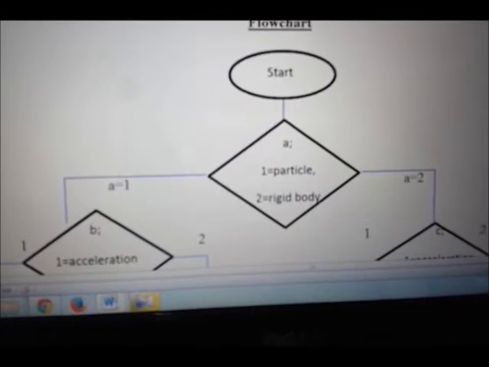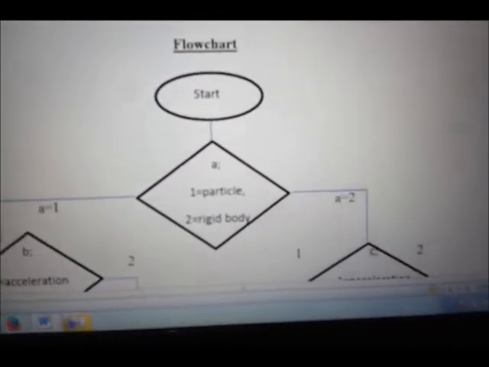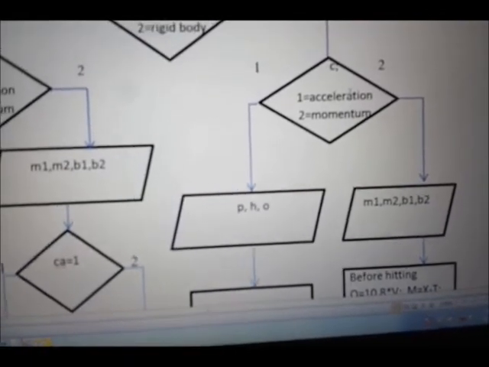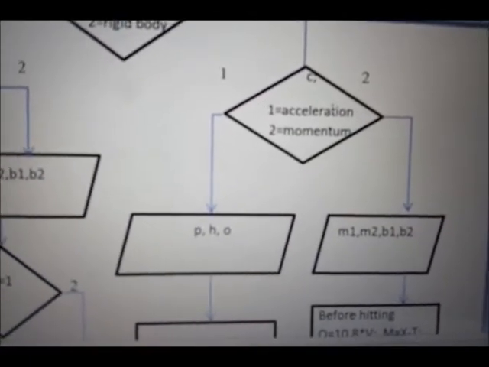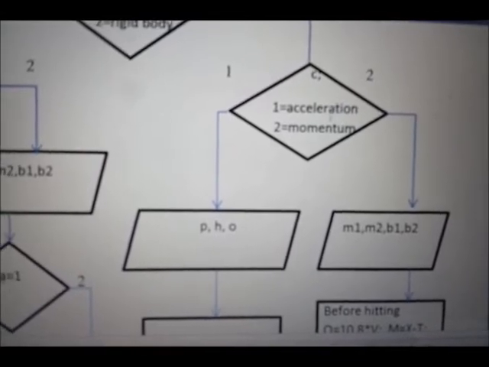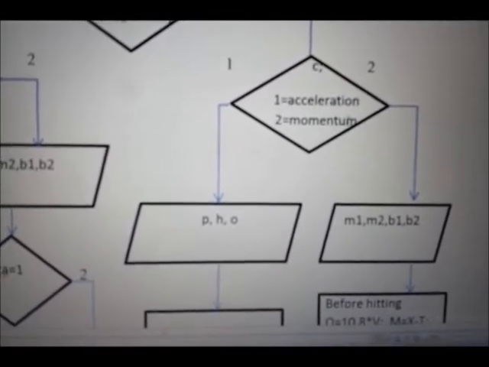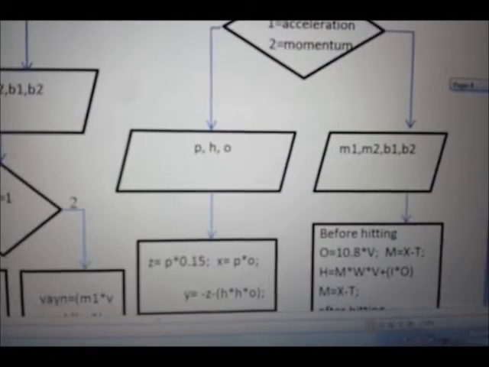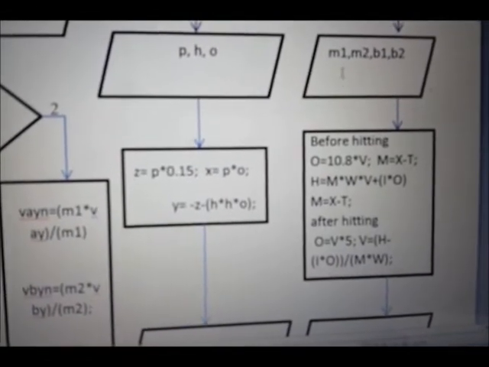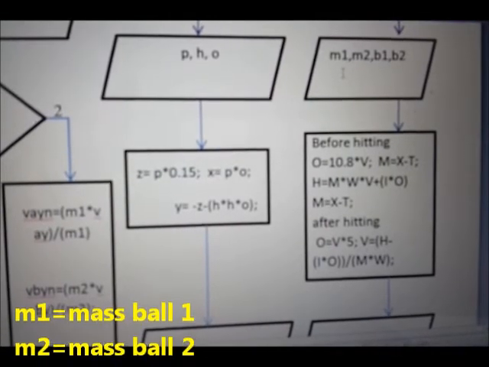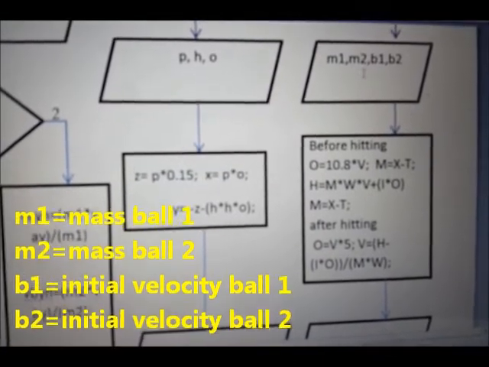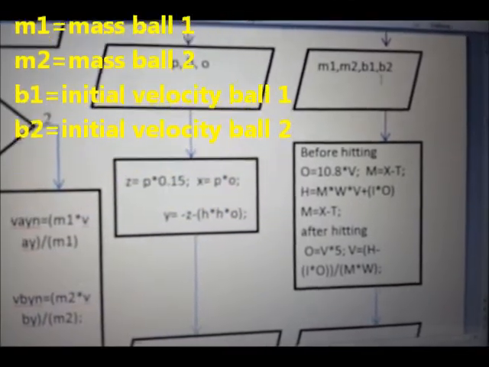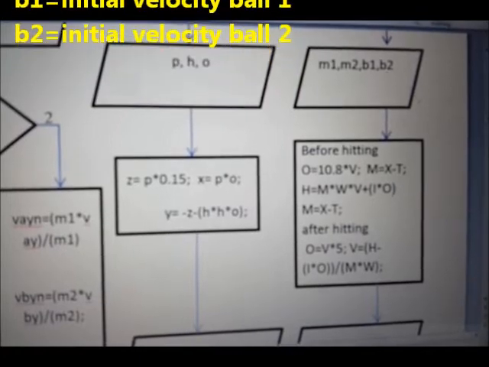We choose 2 for rigid body, and then we found the if else looping again, 1 for acceleration, 2 for momentum. We choose 2 for momentum, and then this is input, m1 equal to mass 1, m2 equal to mass 2, b1 equal to velocity ball 1, and b2 equal to velocity ball 2.